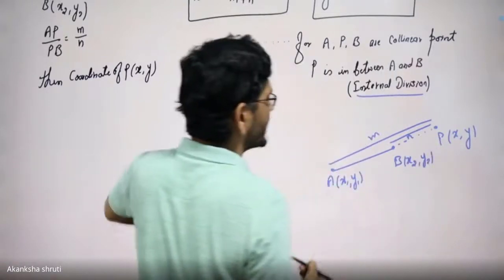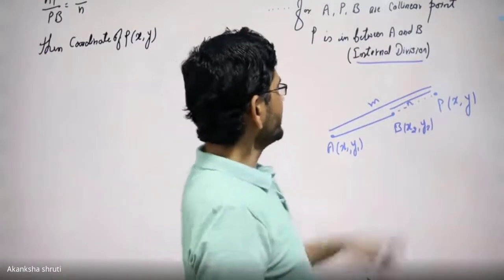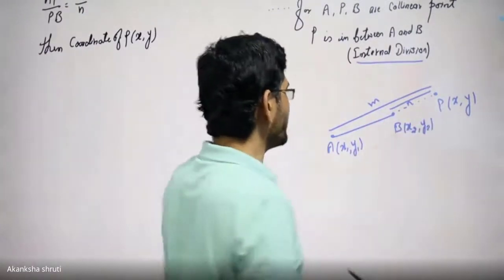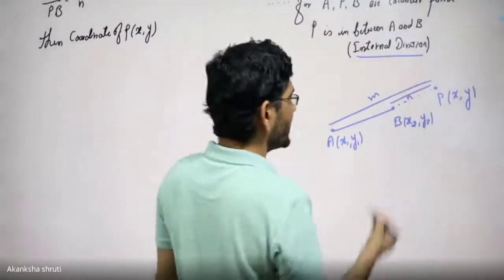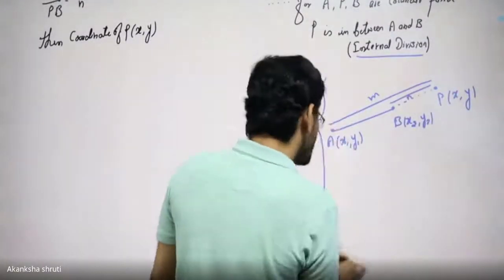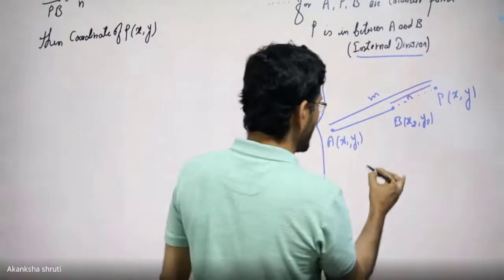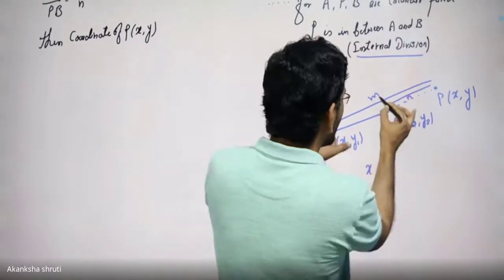Means what? Students, if we are taking P outside AB, then this formula gets changed slightly, and it is not in your syllabus. At that time, this x is given by m.